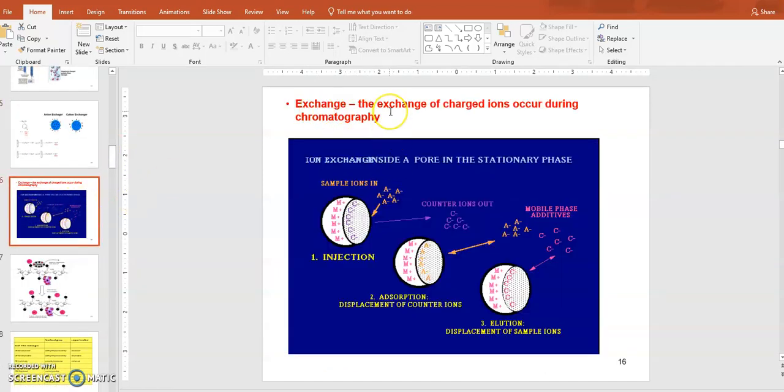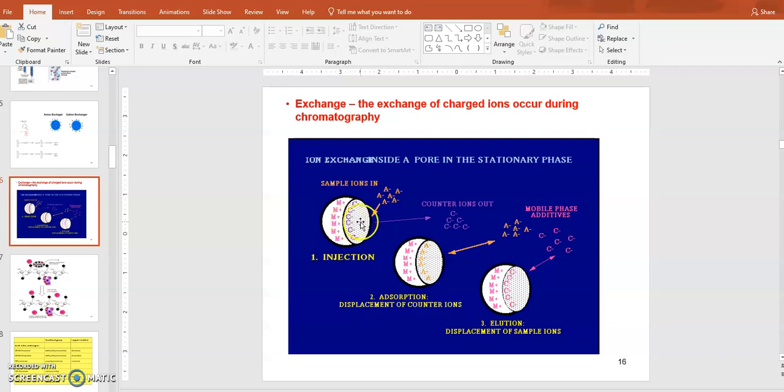So exchange means the binding will be exchanged during your chromatography method. Think about it. Your column has positive ions, so it will bind negative ions, right? So when the sample injection happens, whatever was still bound on the pocket will be exchanged first when these new anions come in and bind, right?